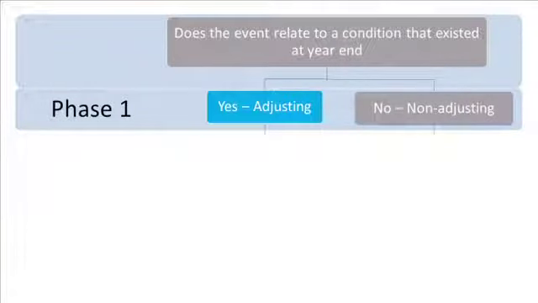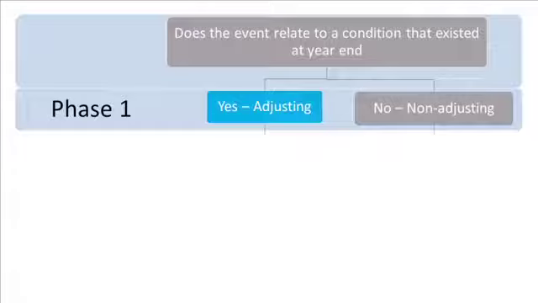Therefore, while the actual discussion with management took place after year end, it still relates to the valuation of drug X at the period end. That is, the financial statements indicate that there were 500 boxes of drug X on 30th June 2014, when there were in fact only 430 boxes. Therefore, this is an adjusting event.